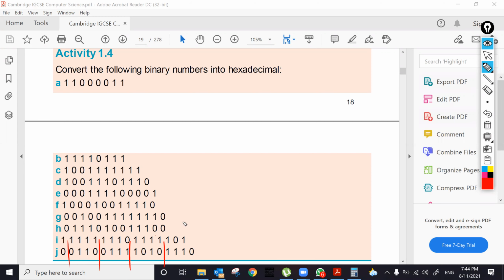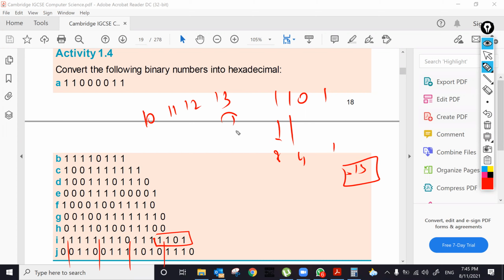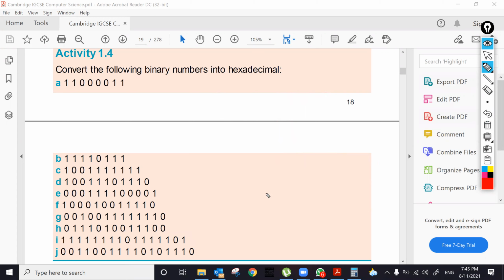Yeah, D. Wait, I think I wrote it wrongly. Here we say 8, 4, 1. 13 means 10, 11, 12, 13. Yes, D. It should not be C. I put C. Yes, that's correct.